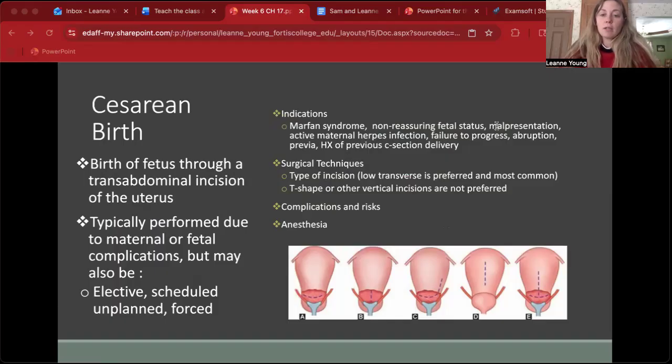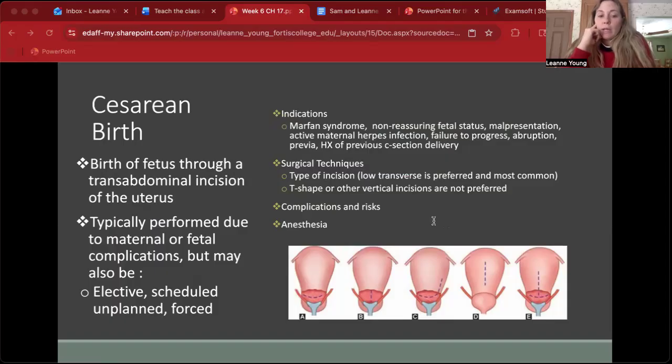A forced C-section is when a mom is refusing surgical intervention, and then the healthcare providers are put in a really tough spot. So, your baby looks like crap on your monitor. We need to have this baby delivered. Your mom is refusing a C-section. How do you proceed? I have been in this position, and let me tell you, it is not a fun one to be in, okay?